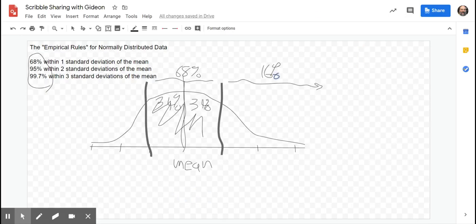I'll continue. We want to know about the next layer. That's the 95%. The 95% is quite common. The reason is in social sciences and education, usually our statistical tests are based on the 95%, meaning something has to be in the outside 5% for us to say, something remarkable is going on here.